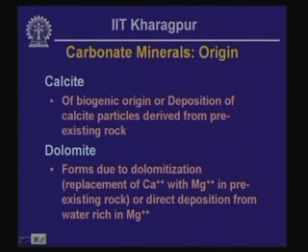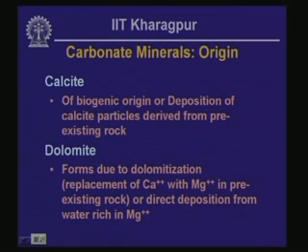Dolomites actually form from a process that is known as dolomitization, and this is basically by replacement of calcium ion with magnesium ion of the pre-existing rock, or from direct deposition of water that is rich in magnesium ion.